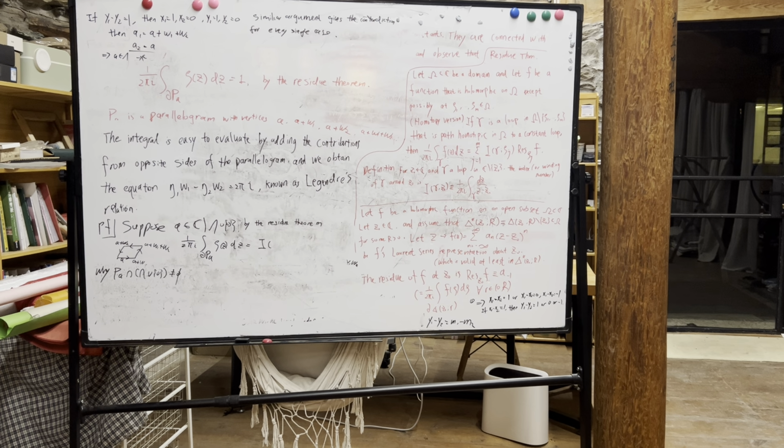So for this a, it can be written as some integer multiple of omega 1 plus omega 2, and then some remainders, right? And then after adding the remainders for the a, right?